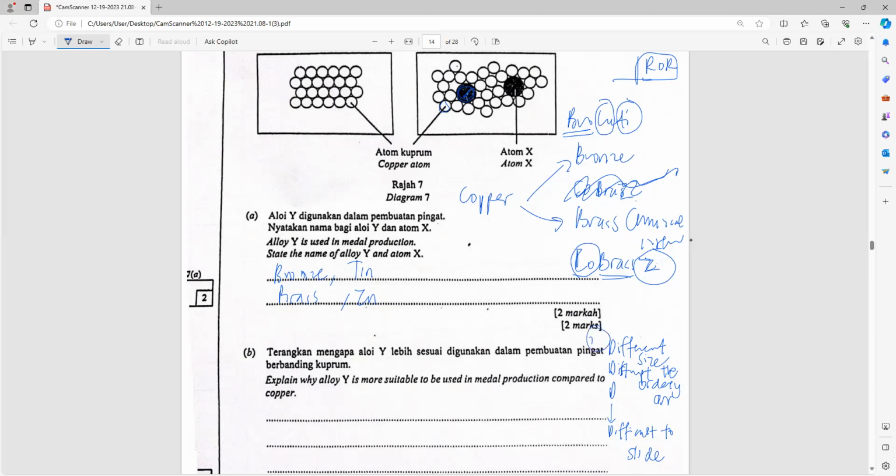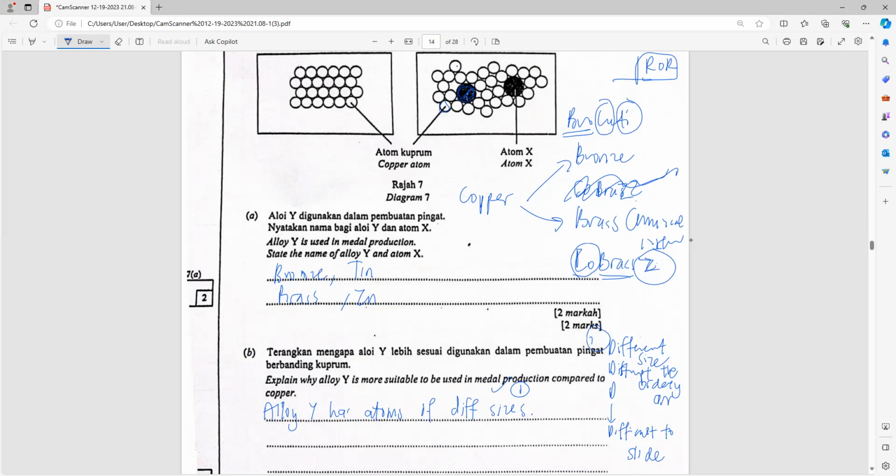First D, different size. So I'm going to write here, alloy Y has atoms of different sizes. Teacher put DIFF, so I don't have to waste time. Okay, atoms of different sizes. I have one mark here already. Now what does this atom of different sizes do? I know that my bigger atom here is the tin atom, right?